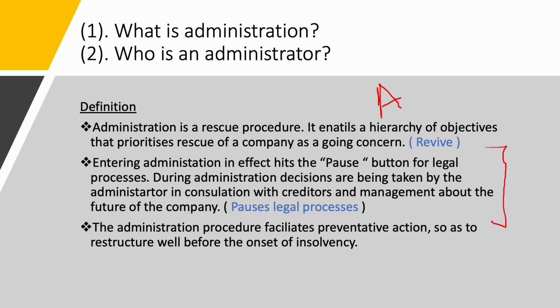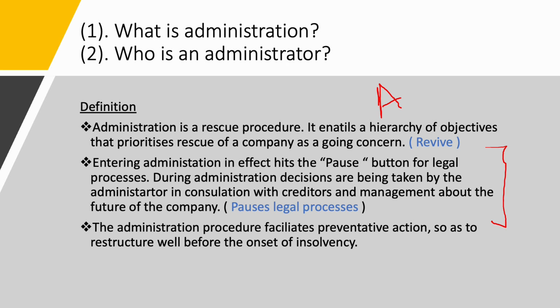The other thing we need to appreciate about this process of administration is that we are trying to restructure. We are trying to ensure that this company finds alternative means of resolving its problems. And if the administration period lapses and of course the objectives have not been achieved, the next process will be liquidation.